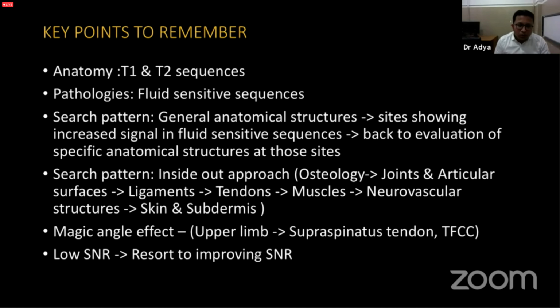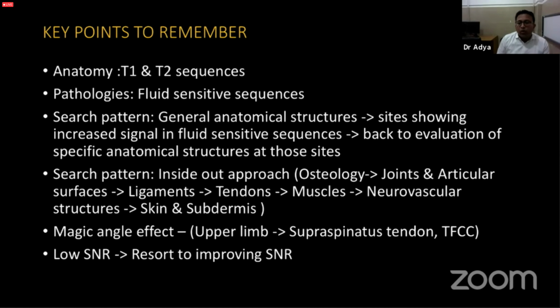And another thing, since in MSK radiology the field of view is generally very small, we need to take low SNR into account, and SNR, that is signal to noise ratio, should ideally be kept at around 4 or 5. But if it is like SNR of 1, it means the particular image is equally contributed by the signal and the noise, so that can lead to false interpretation.